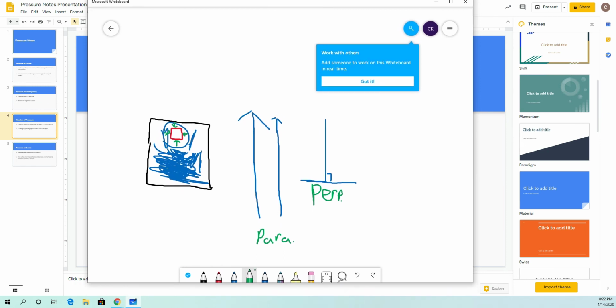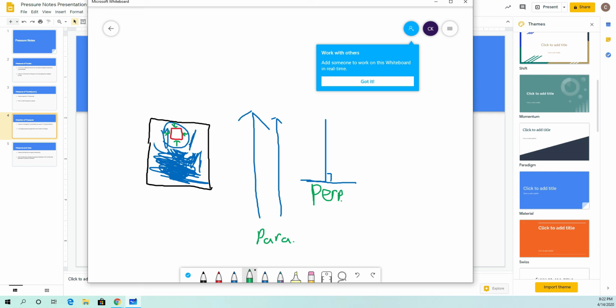If you look at our arrows, remember, parallel, these lines will never touch. They're going to keep running and running, but they'll never touch. Perpendicular, one line's going horizontally, one line's going vertically, and they touch and form a right angle. That is what happens with pressure when an object is placed in a fluid and its pressure is applied.